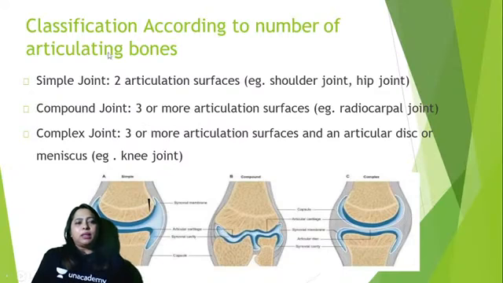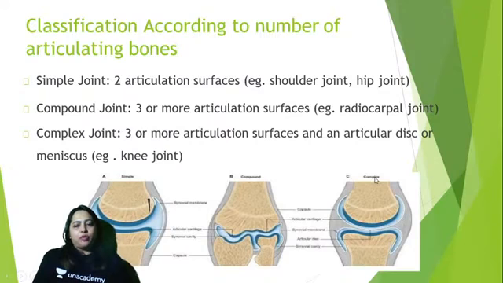So this is another one, the classification according to number of articulating bones, whether you have a simple joint with two articulation surfaces, that is shoulder joint, hip joint, any joint which has just two bones in articulation, you can give. Compound joint, two or more bones. But other than that, there is no partition between them. Like articular disc is not there, menisci is not there. Such things are called the compound type of joints.